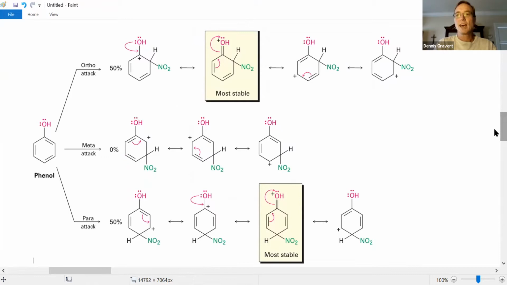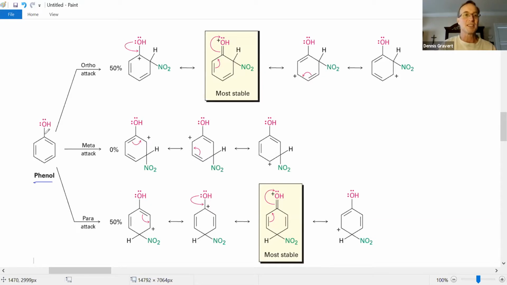All right, let's look at one of the kings of the ortho para directing groups, right? NOH carbons, halides. The N is for nitrogen representing an amine. The O is oxygen representing an alcohol or phenol. So what we're doing here is showing the resonance structures of the mechanism.